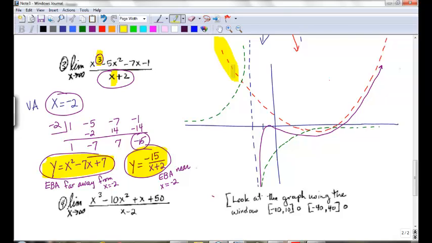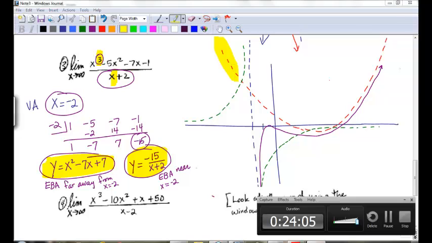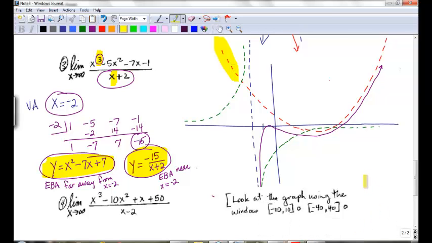So if you adjust your window, the window she got was -40, 10, and -40, 100. You finally see the rest of the graph. For the rest of the graph, there should be a part like right up here. Sorry, I didn't draw that part very well.